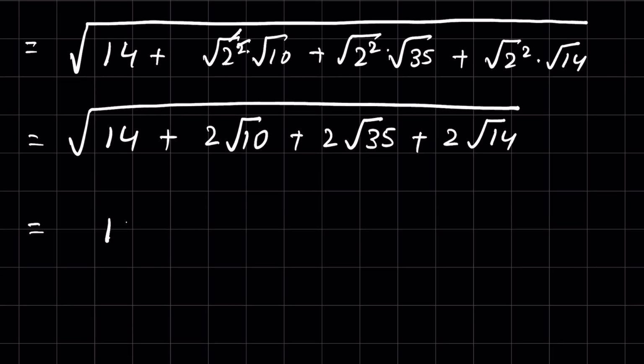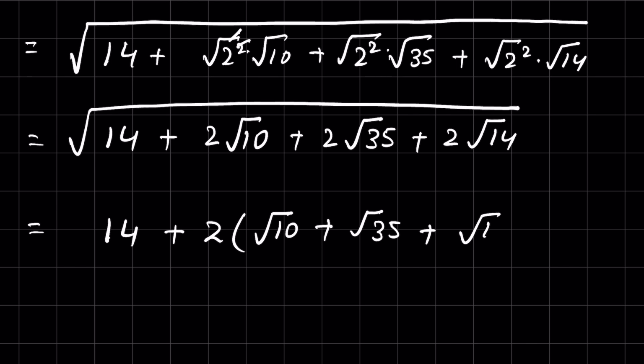Now you can take 2 common and write 14 plus 2 parenthesis square root of 10 plus square root of 35 plus square root of 14, under square root.